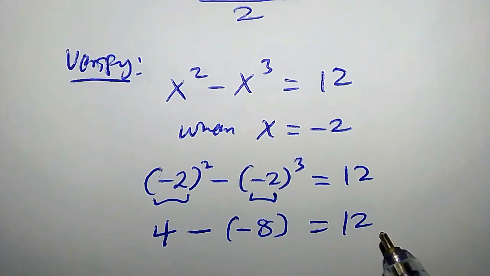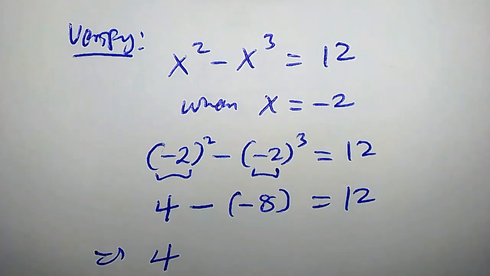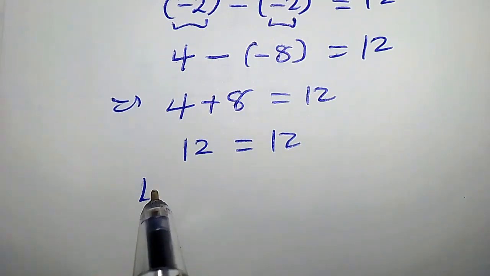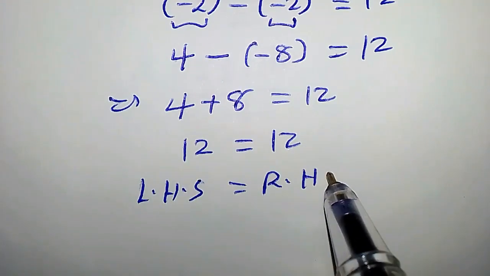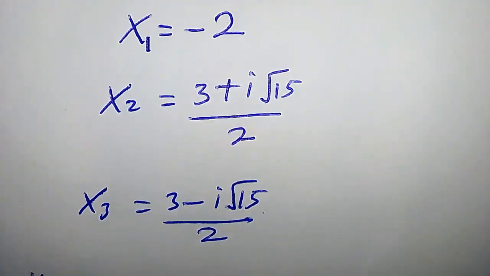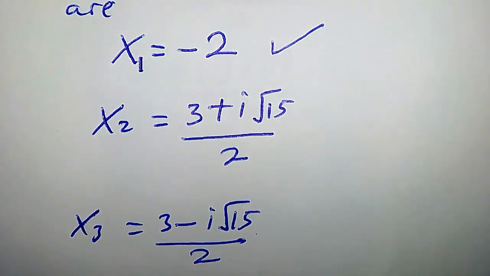This means that 4 minus minus 8, that is plus 8, equal to 12. So I have 4 plus 8, that is 12, equal to 12. This shows that the left hand side is equal to the right hand side. Thus, indeed, the first solution is correct. x1 is correct. Likewise, the other solutions.